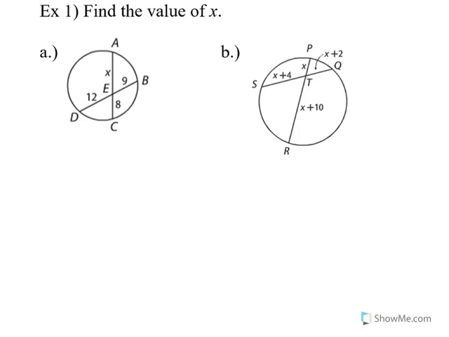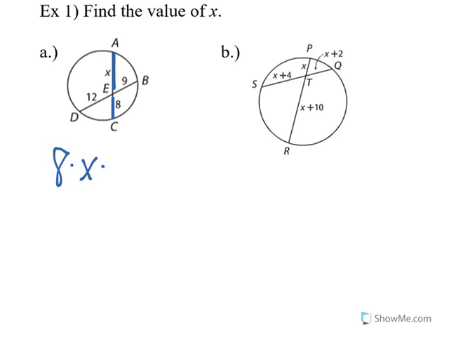So let's do that. We are finding for both of these the value of X, okay? So let's look at the first one. We see segment AC is cut into pieces. So we're going to take the two pieces that are on the same segment and multiply them together.